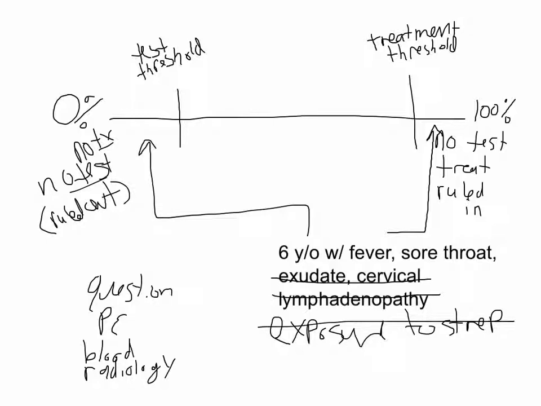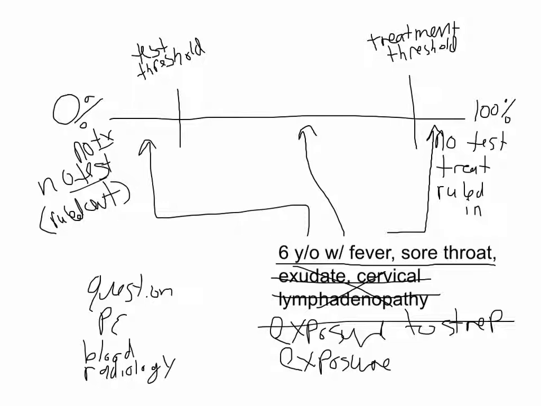You ruled out strep. Now imagine, however, that you have the same 6-year-old, fever and sore throat. They don't have an exudate or cervical lymphadenopathy, but they do have exposure to strep. At this point, they fall in this category. We need to do further testing.